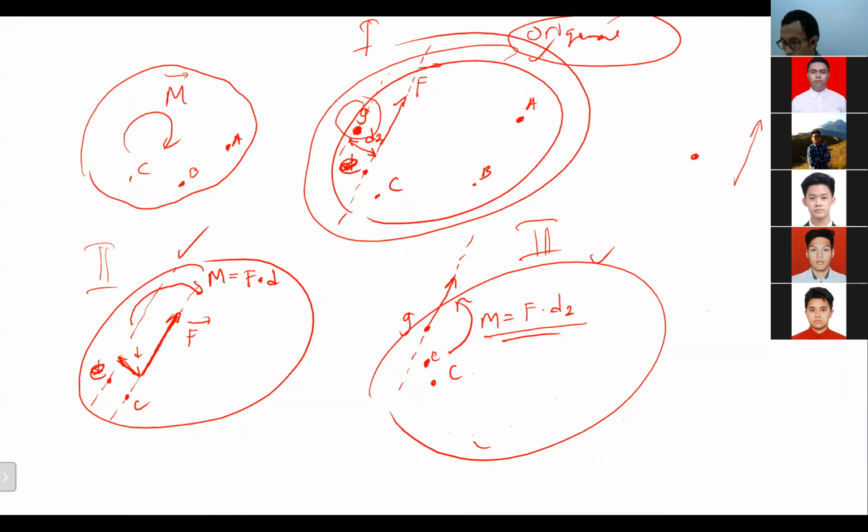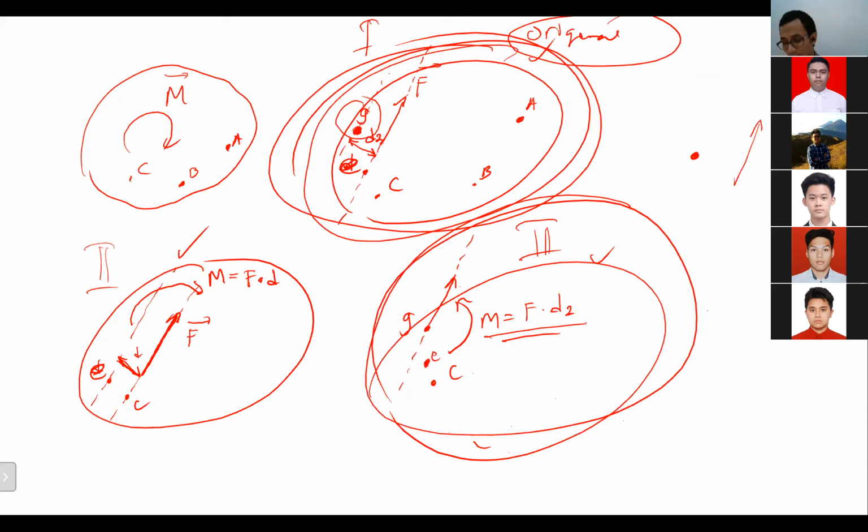So that force will cause what kind of moment to this particular point? Anti-clockwise. This is the same way as this one. The center of rotation is on the left, then there is a force, then the movement will be like that.